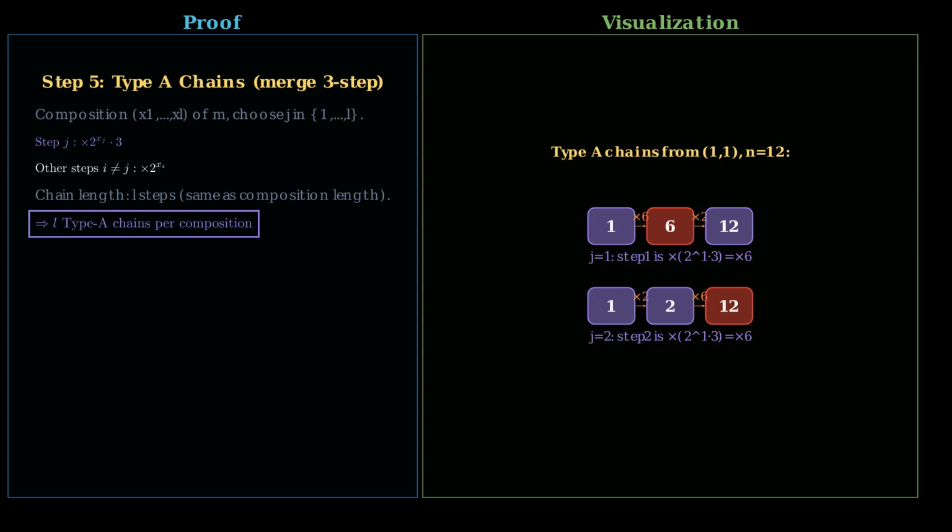The chain visits 1, then 2^x1, then 2^(x1+x2), and so on, but at step j it also multiplies by 3. This gives exactly L valid type A chains. Each chain has exactly L steps total.